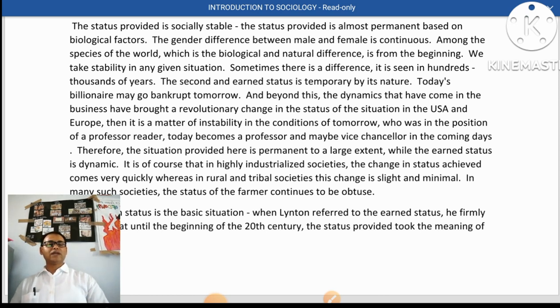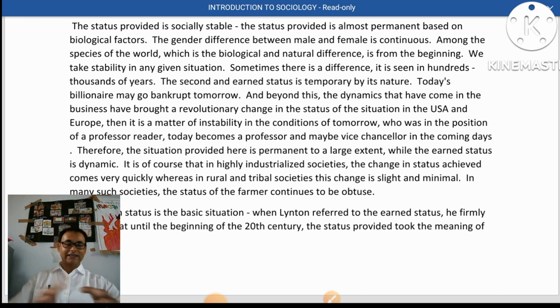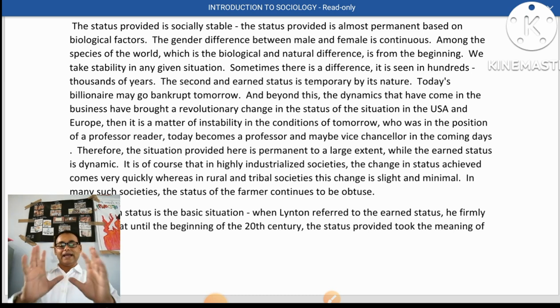Suppose in primitive society there was more ascribed status, but in modern society we will find the importance of achieved status and the ability of a person to achieve a status by his will, by his capability.